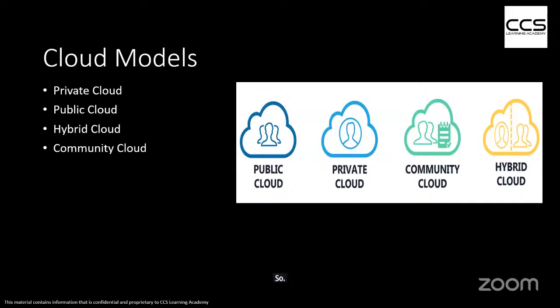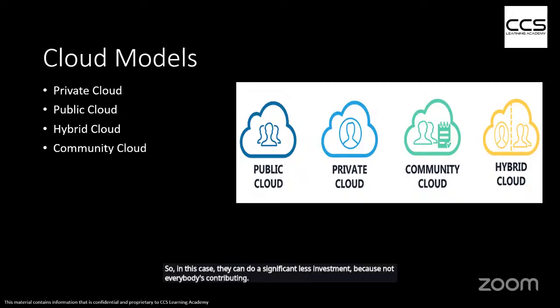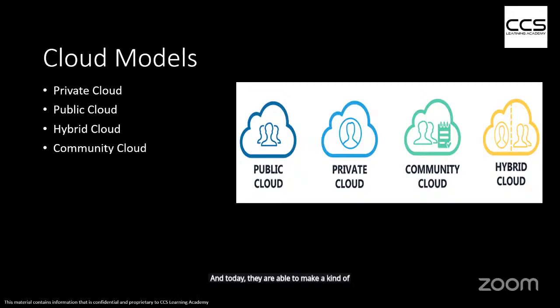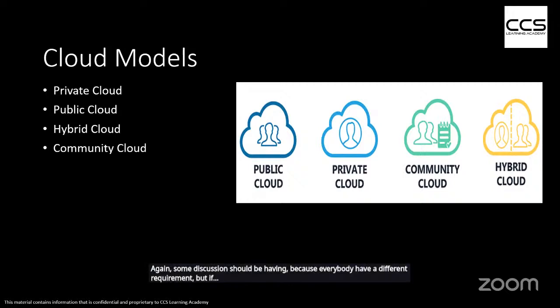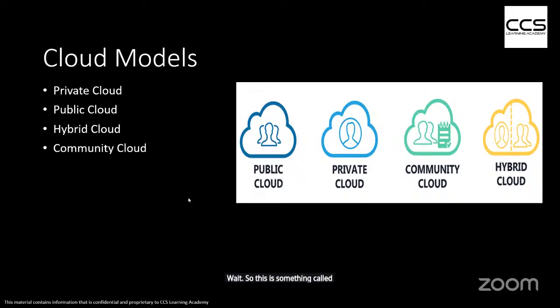In this case, they can make a significantly lower investment because now everybody is contributing, and they are able to make an infrastructure which is shared by all those companies inside that campus. Again, some discussion is needed because everybody has different requirements. But if they come to a mutual agreement, it can be a really good option for this kind of organization, right? So this is something called community cloud.